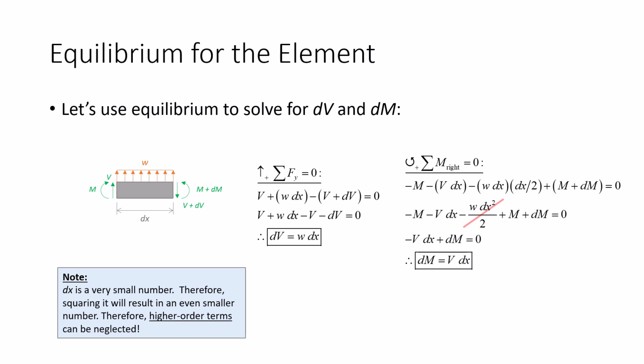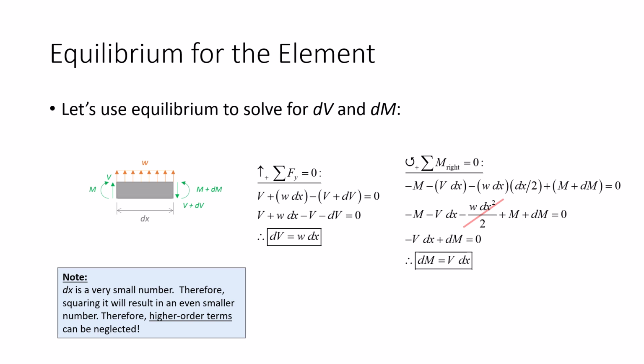Now, when we sum moments on the right side, I'm taking moments in this direction as positive. So what do I have? I have a negative M. I'm summing moments on the right. I have V dx. I don't consider moment from this force right here because it's going through the right side.